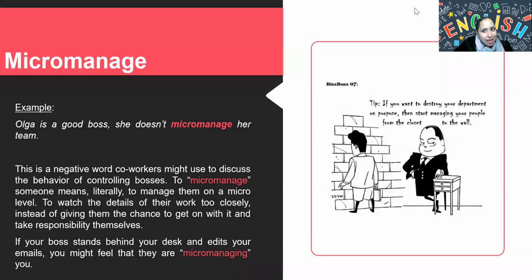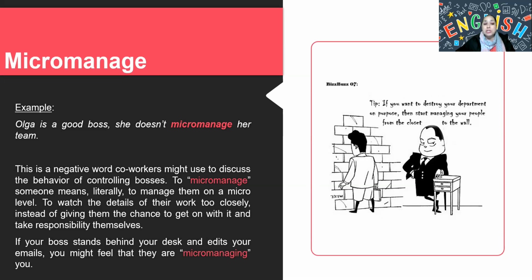Micromanage. Let's see what it means. Example: Olga is a good boss. She doesn't micromanage her team. The meaning of this is somehow negative. This is a negative word co-workers might use to discuss the behavior of controlling bosses.